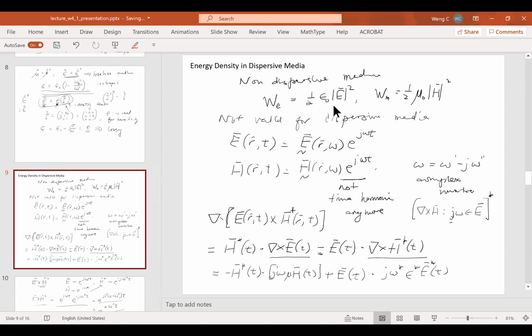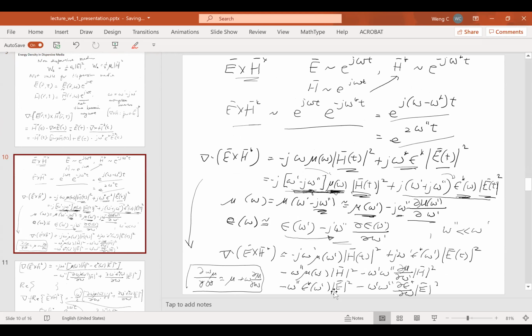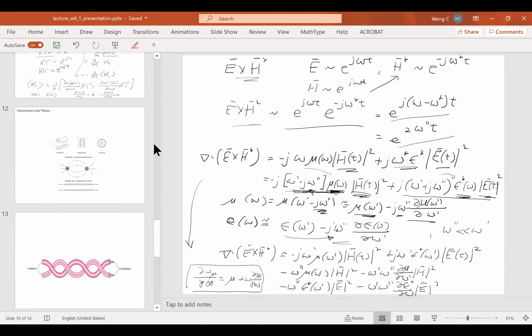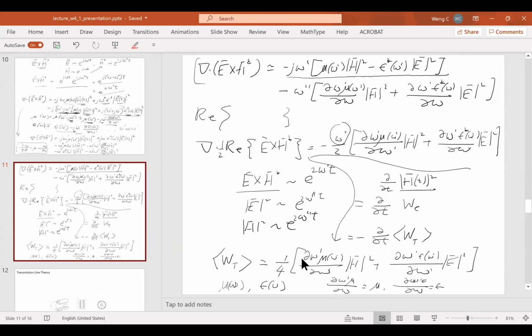If epsilon and mu are functions of frequency, then you actually have to augment the energy storage formula with one that looks more complicated, like this. The derivation is complicated, but written out very carefully in the lecture notes.